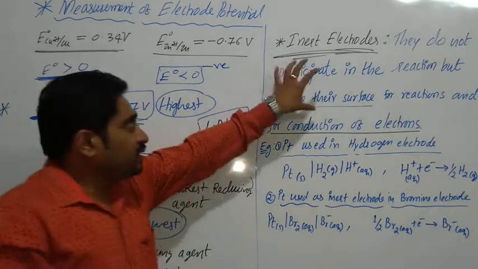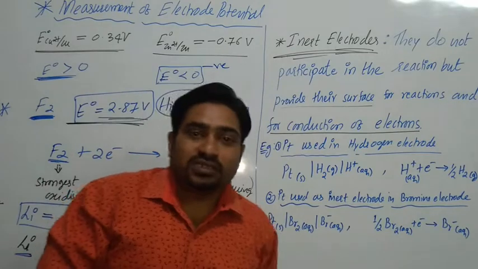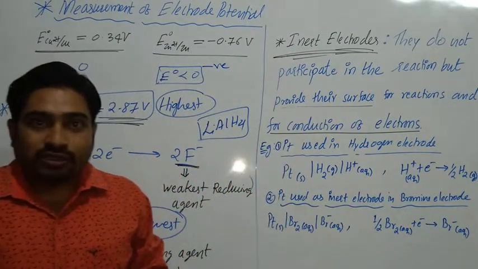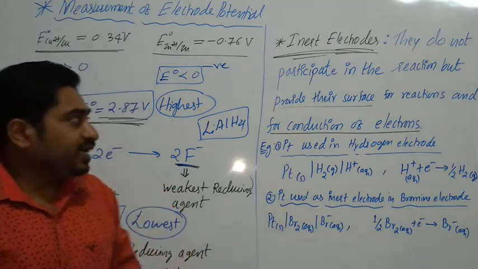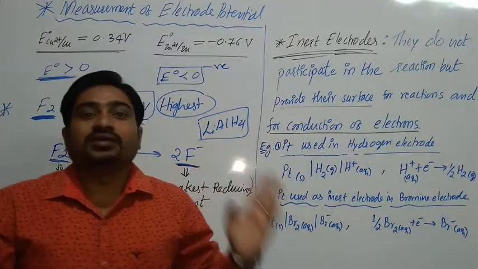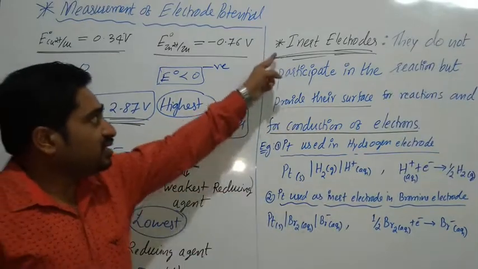So the inert electrode means the component of the electrode which does not take part in the chemical reaction, but gives its surface area for the chemical reaction. That is called an inert electrode.